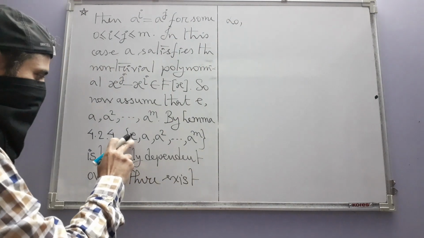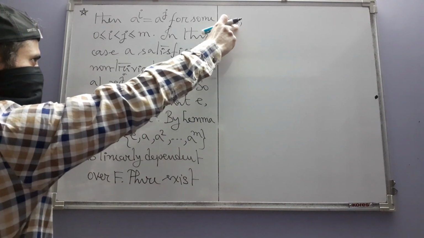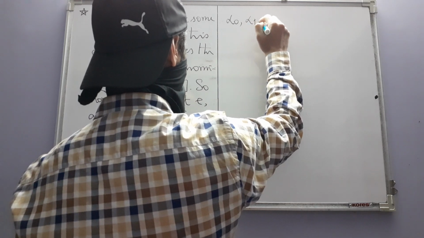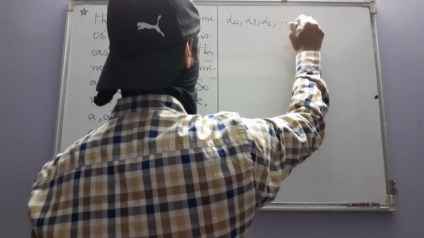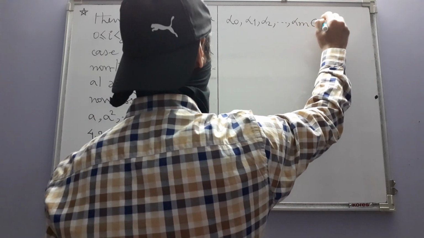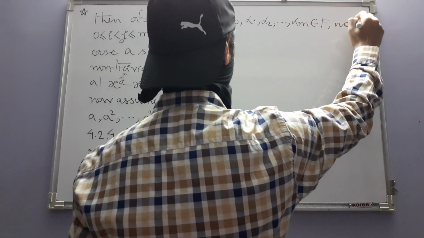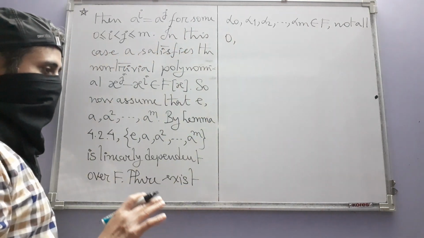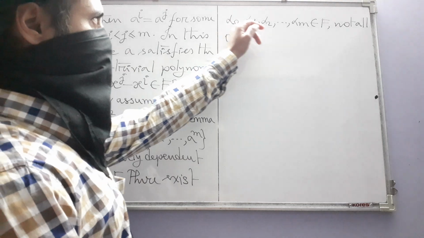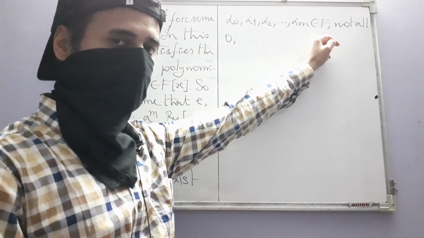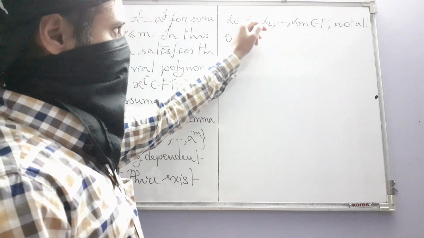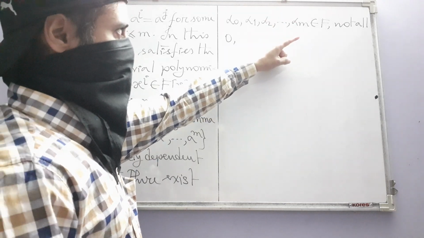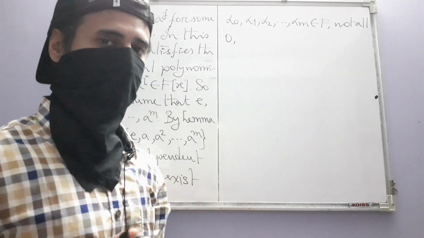Because there is an E, we start the index with 0. Not all 0. See, not all 0 does not really mean that all of them are non-zero. No, there may actually be some 0 alpha i's. But what it says instead is that all of them are not simultaneously 0.